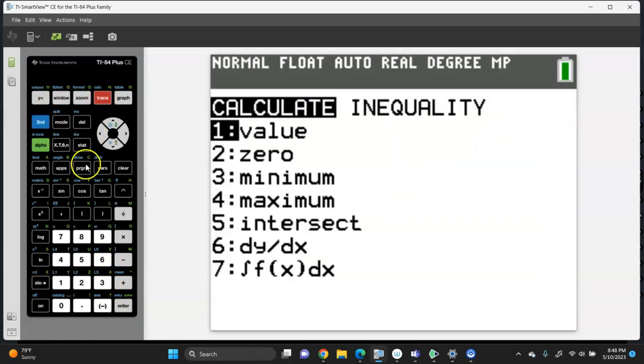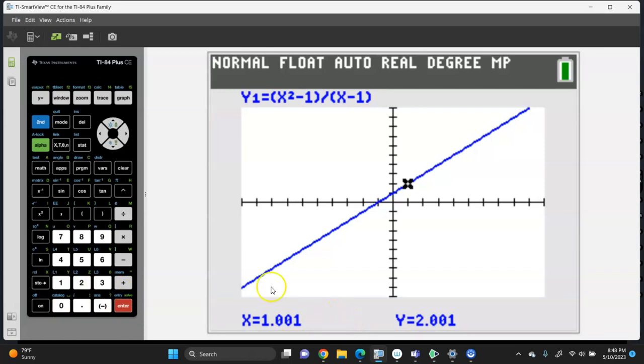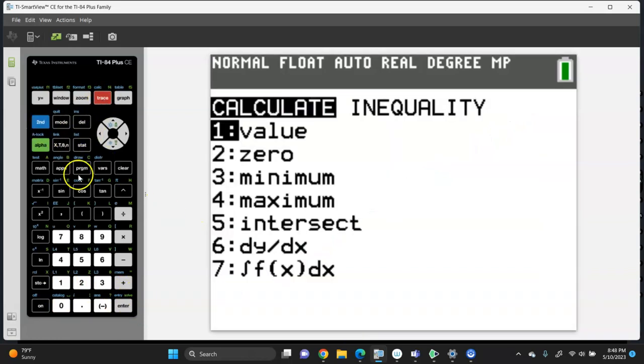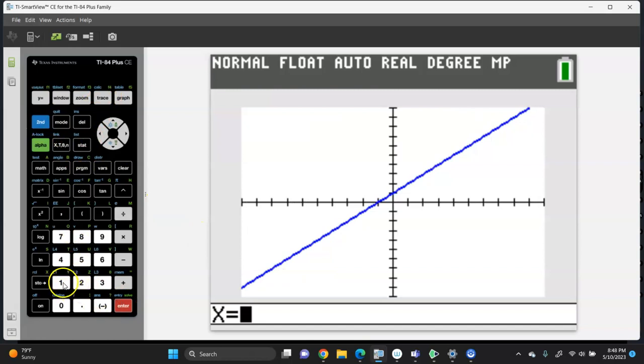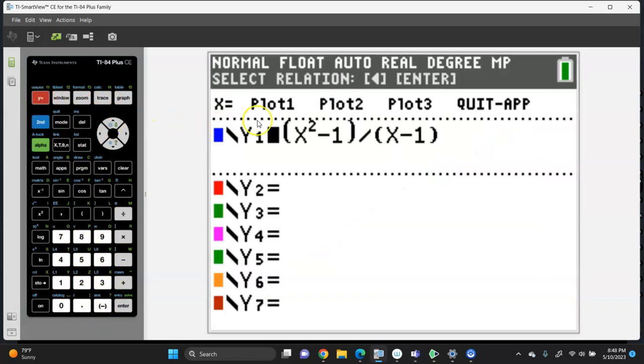If I do a calculate value at 1.001, I get an answer. But if I do a calculate value at x equals 1, I get no answer. That's because this function is undefined at x equals 1.